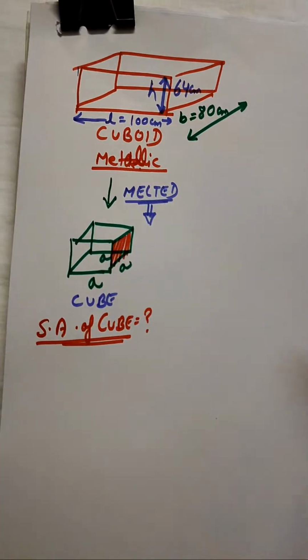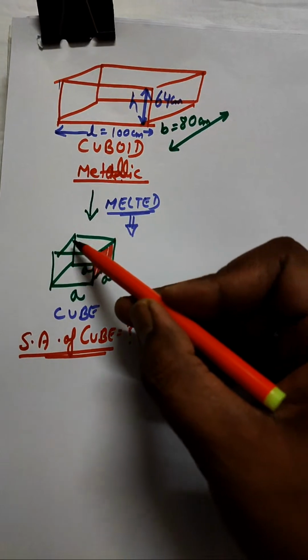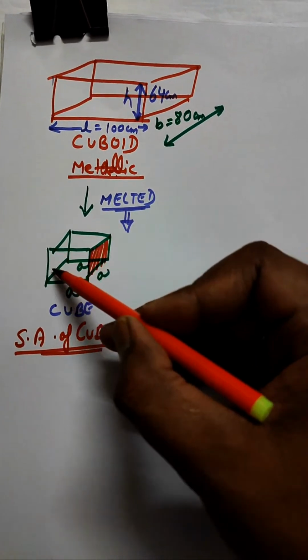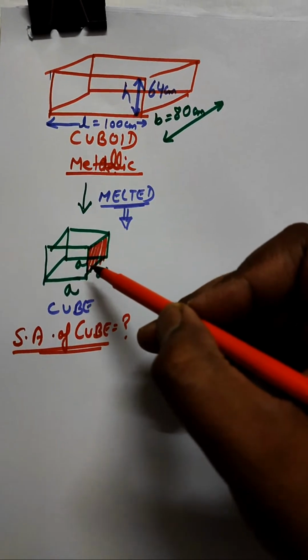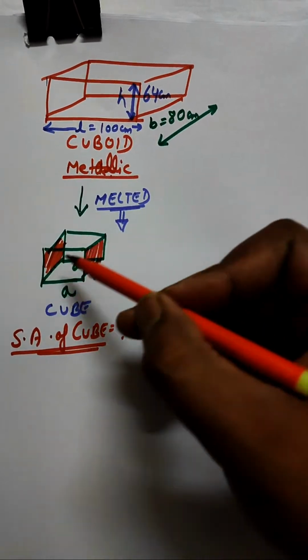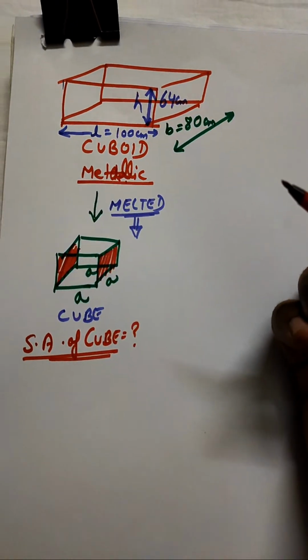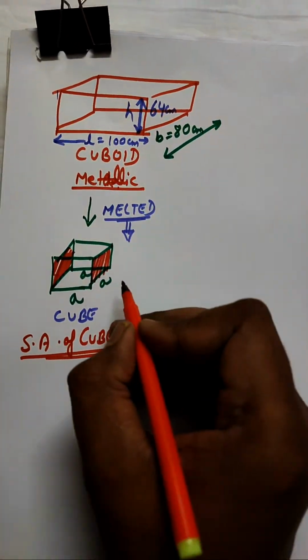That is, we have six squares, 4 along the 4 sides and one top and another bottom. 6 squares which are covering the 6 faces of the cube, right? So all the 6 faces of the cube will add up.